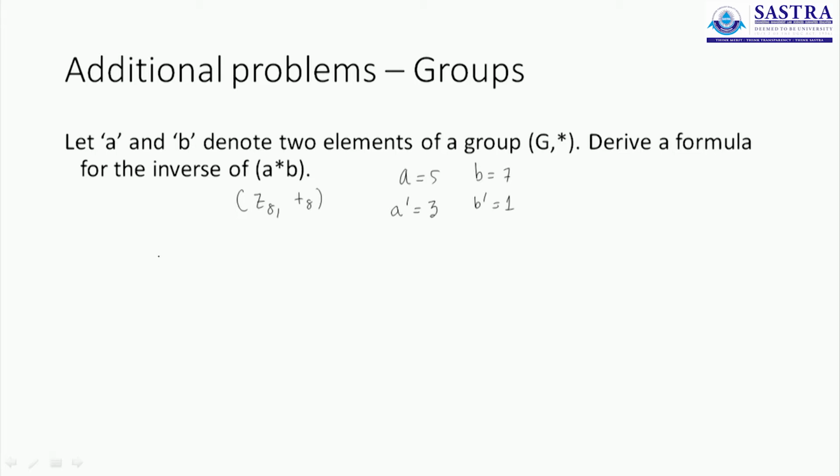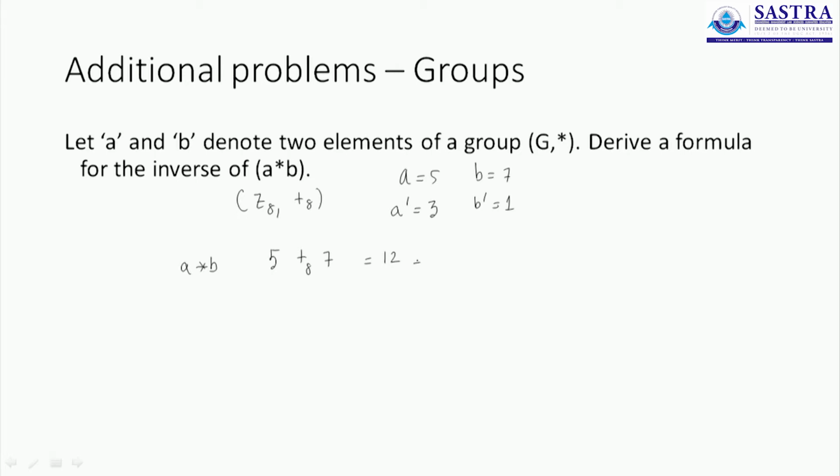Now let's consider what happens if A and B are operated on using the operation here. So what happens to the sum of 5 and 7 under addition modulo 8. 5 and 7 is supposed to give me 12, but 12 is greater than 8, which means I'll divide 12 by 8 and return the remainder.